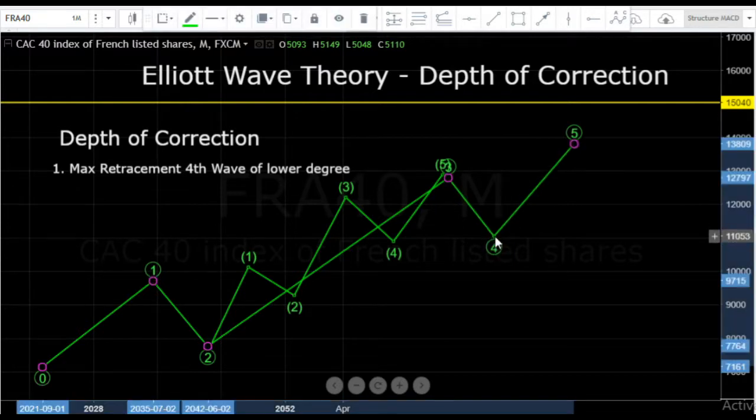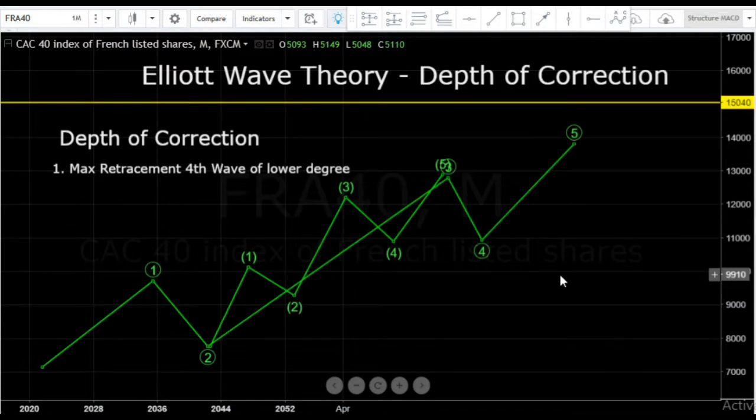So the maximum retracement of this tends to fall within this area here, between 3 and 4, that price area. So it doesn't come to there, it comes down into there, and the maximum would be the termination of 4.